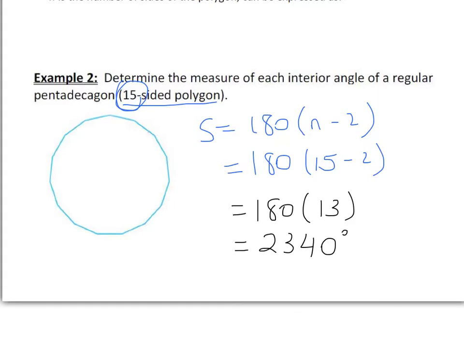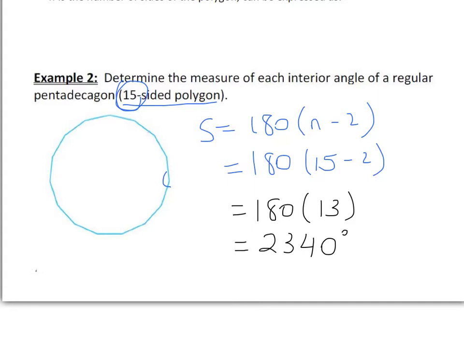2,340 degrees. But remember that this number that we found right here is the sum of all the interior angles of the pentadecagon. We want to find out how much one interior angle is. Just one interior angle. So how many interior angles do we have?